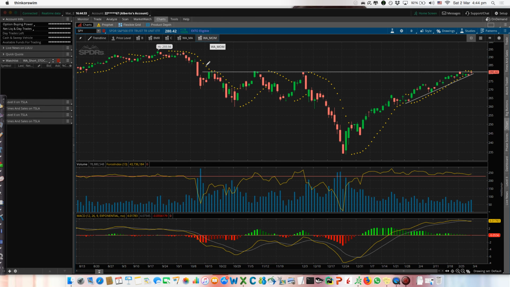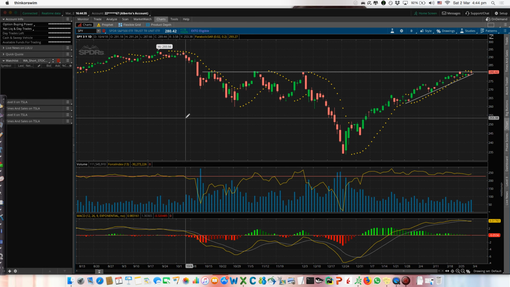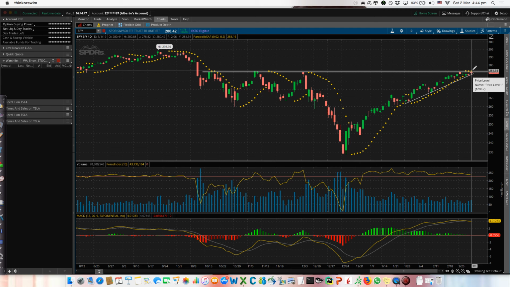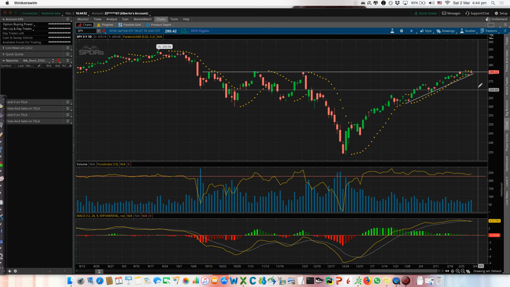If you remember, the momentum indicators we are looking at are 3. We have the parabolic stop and reversal, we have the force index, and we have the MACD. Parabolic stop and reversal: as you see, the yellow dot is above the price. This means bearish. So one is bearish.